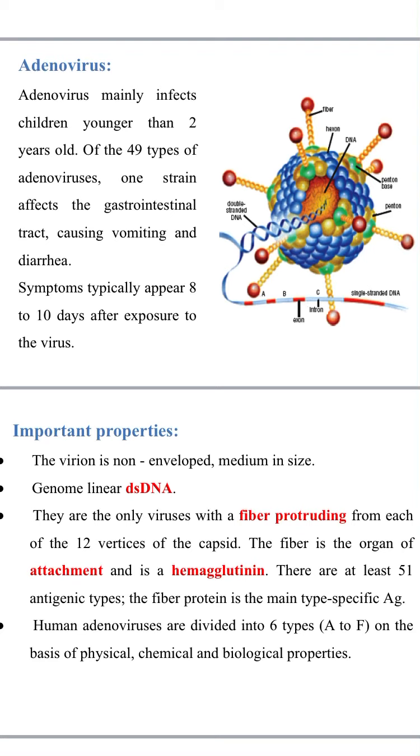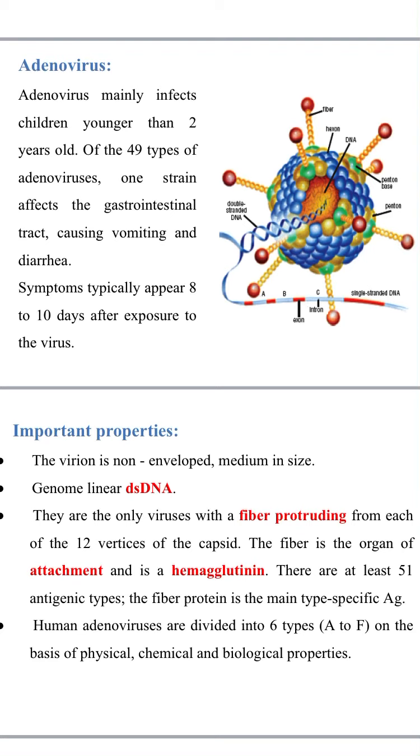Important properties. This virus is non-enveloped, medium in size, with a linear, double-stranded DNA genome. They are the only viruses with a fiber protruding from each of the 12 vertices of the capsid.